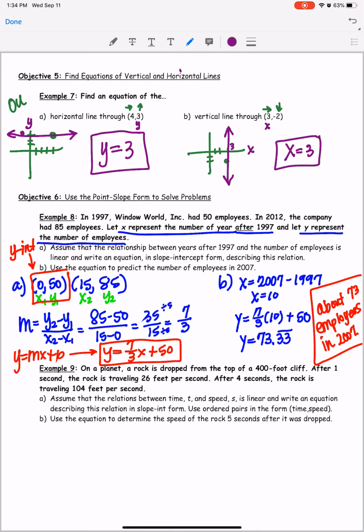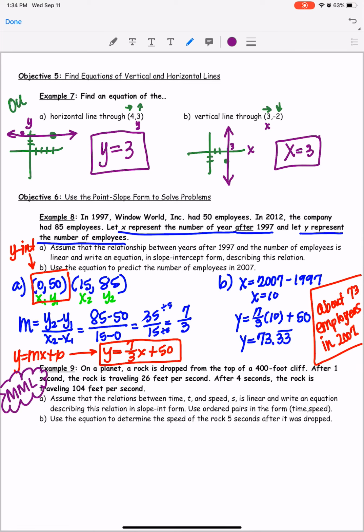All right, and last problem. Example 9. This one's in here because this is a MyMathLab example of a problem. A lot of people get this one wrong for like the slightest little reason. So, example 9 says on a planet a rock is dropped from the top of a 400-foot cliff.